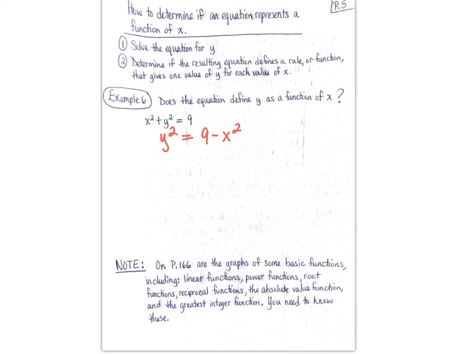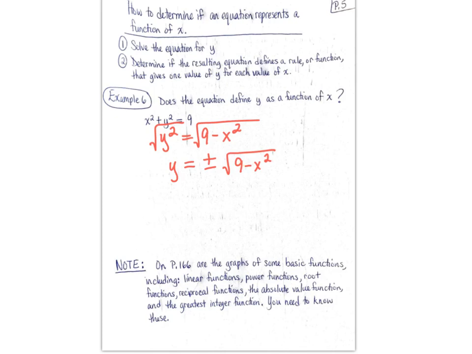Now we take the square root of both sides. And that gives us y is equal to, remember when you take the square root, you get plus or minus, so this is plus or minus the square root of 9 minus x squared. Because you get two possible answers here, for each x value, you have two possible y values. What does that mean?